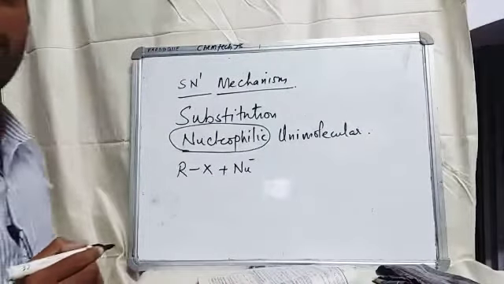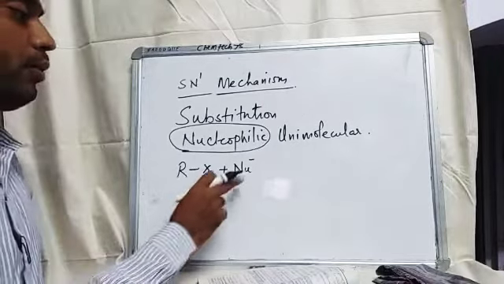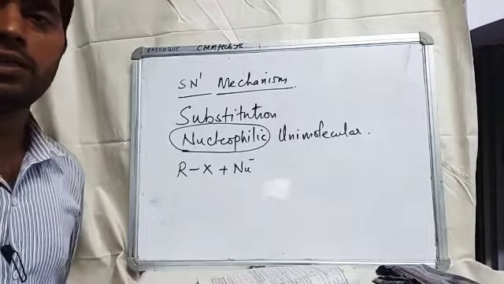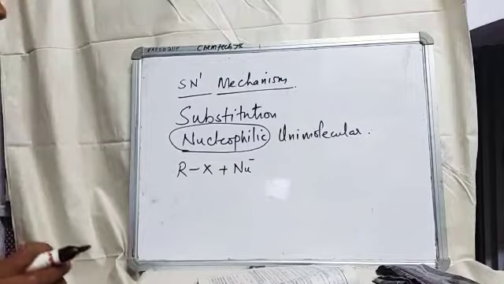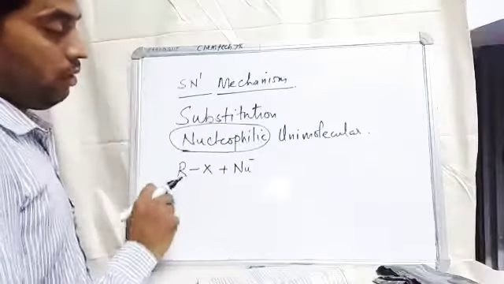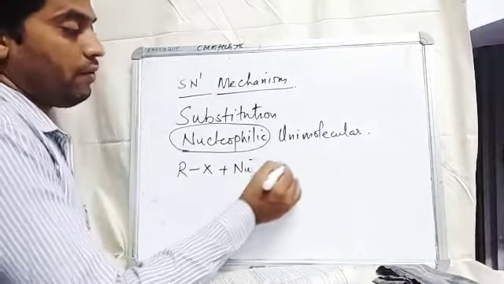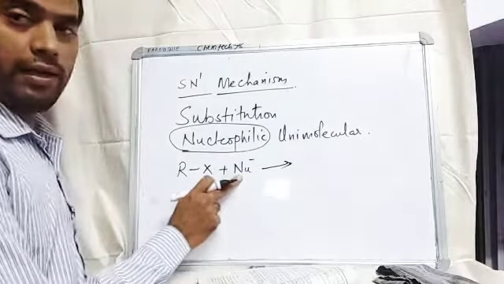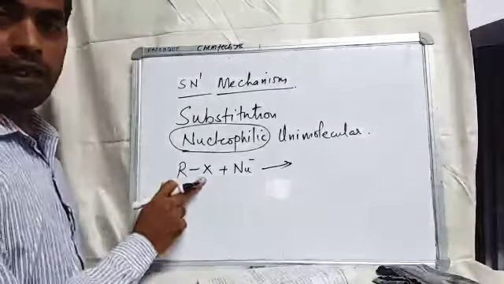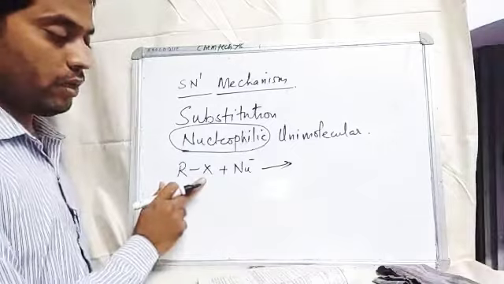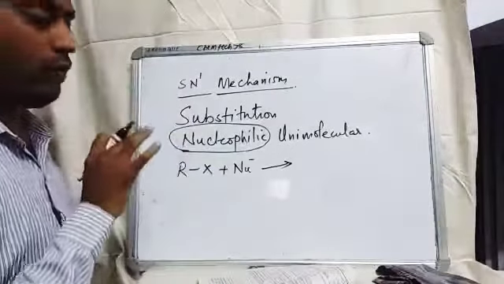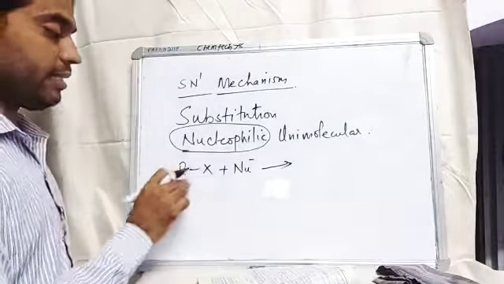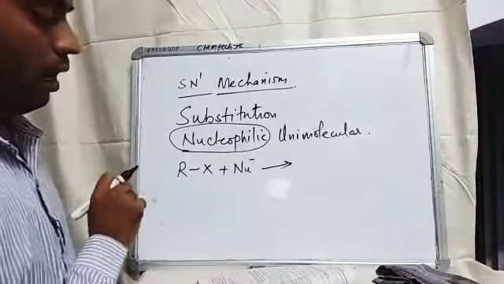In the previous lectures we have seen a nucleophile is a negatively charged species having a lone pair of electrons. Now what will happen, this nucleophile will substitute the X. X is also a nucleophile, but here X is connected to the R group.